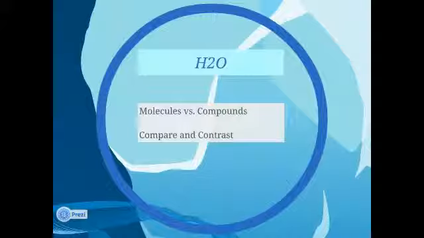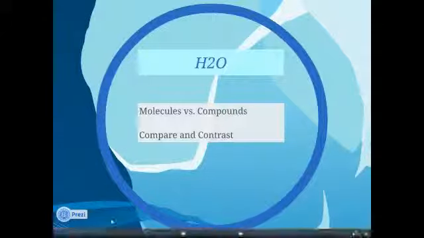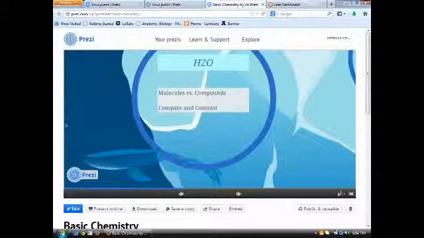Now, a molecule can be two atoms of the same element. Maybe two oxygen atoms would form a molecule. Whereas a compound, like I said, has to have at least two different elements.